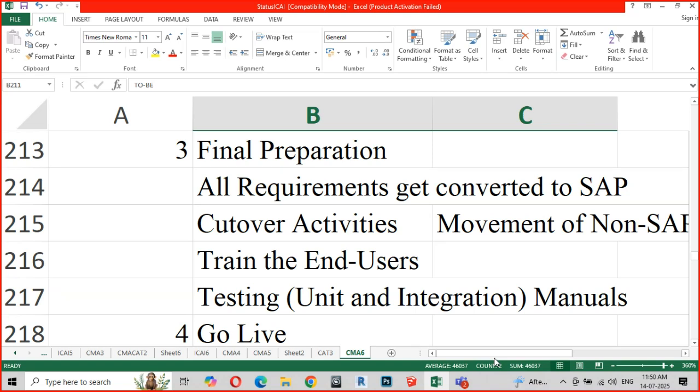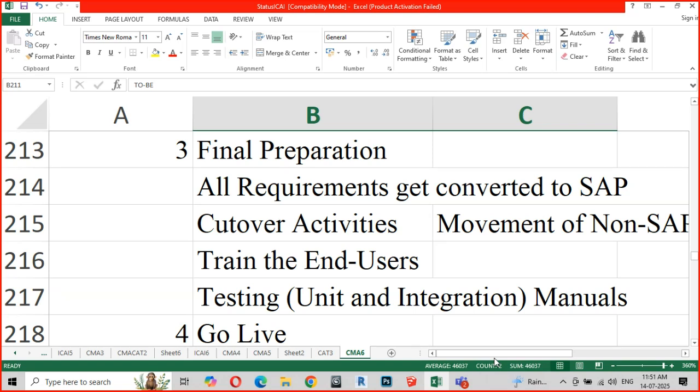You agree with me? So I would have to train the employees of the department for which I am responsible, for which I create a lot of documents: testing manuals, user manuals, training manuals. Clear? So generation of all these documents is also the responsibility of the consultant.